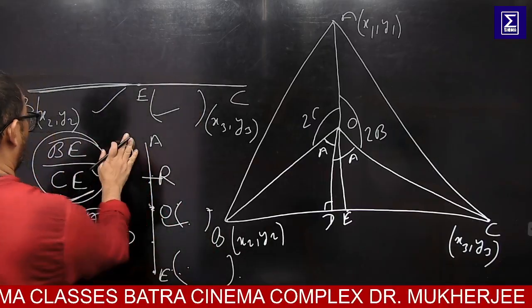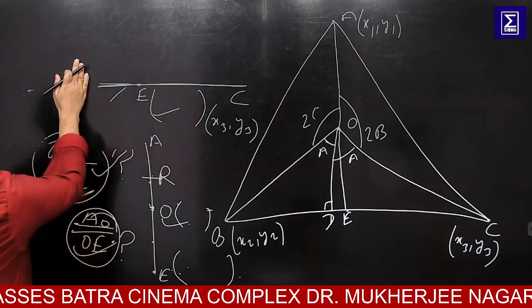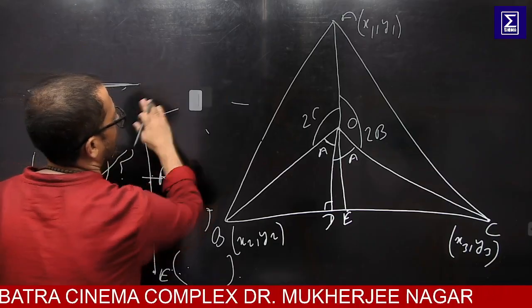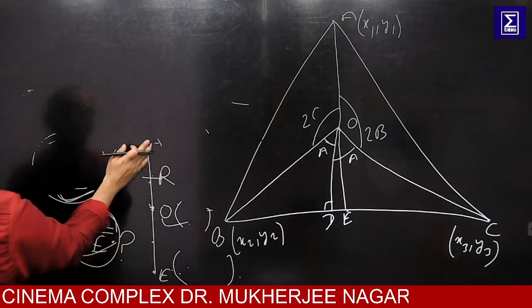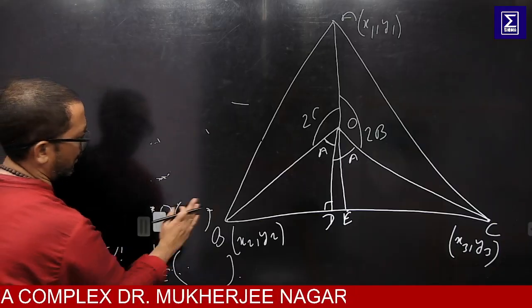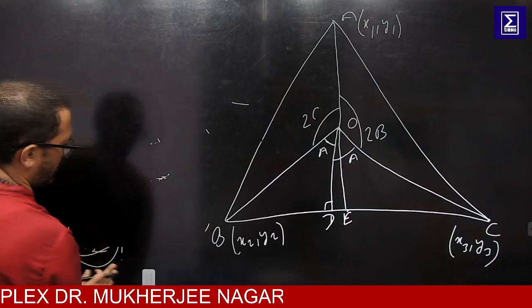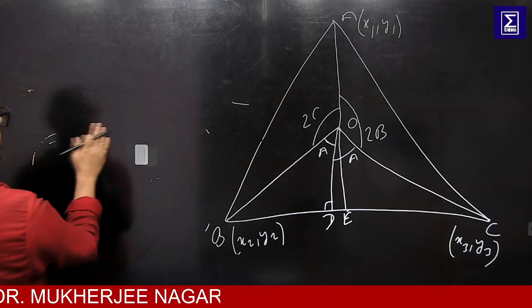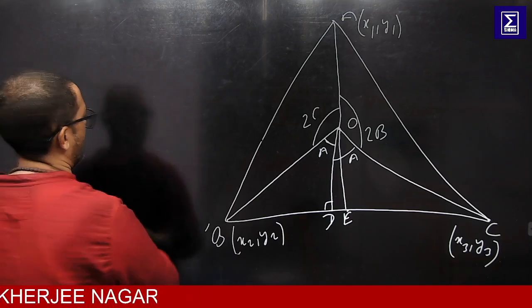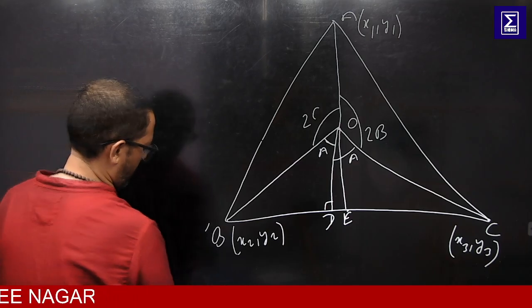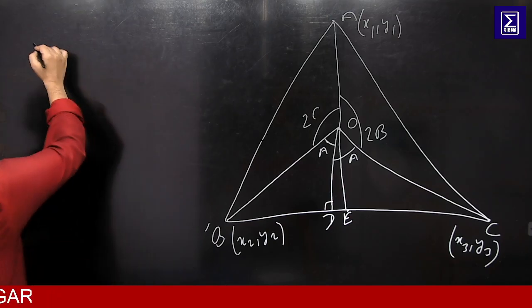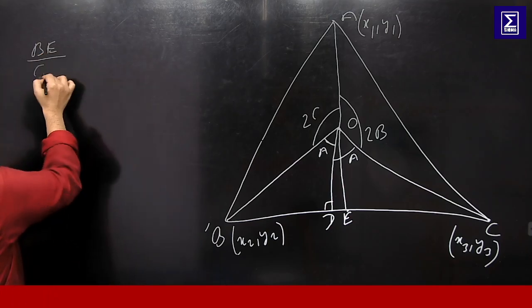So let me rub this part first. Okay, so now see here, we have to find BE upon CE. Is that okay?